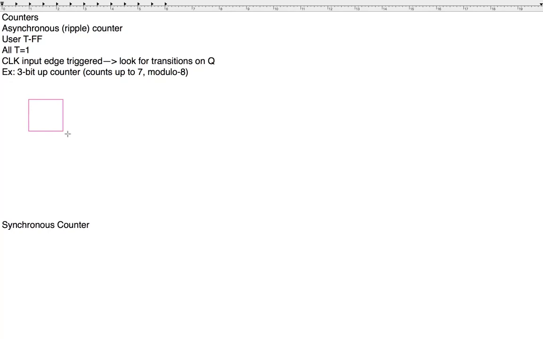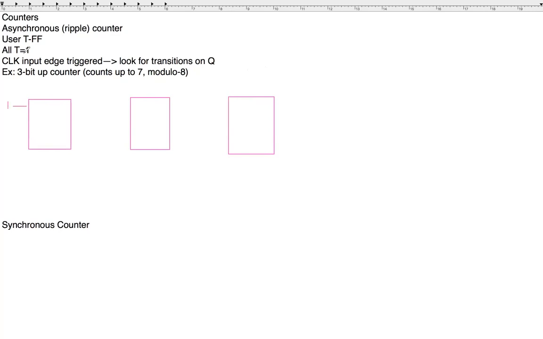Here's the first T flip-flop, here's the second, and here's the third. Remember, we have 3 flip-flops, one for each bit of information. For the first one, right here, it's going to be 1.